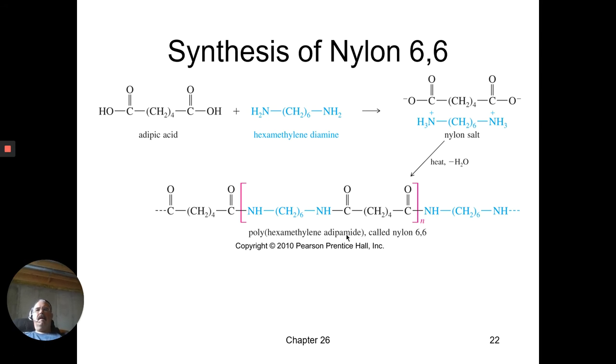Here is nylon 6,6. It gets its name from a 6-carbon dicarboxylic acid and a 6-carbon diamine. There are some other varieties of nylon, such as nylon 610. Nylon was originally developed as an alternative to silk.